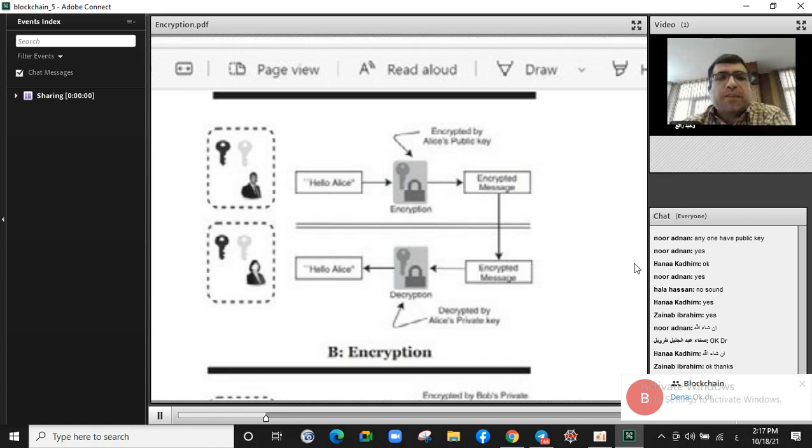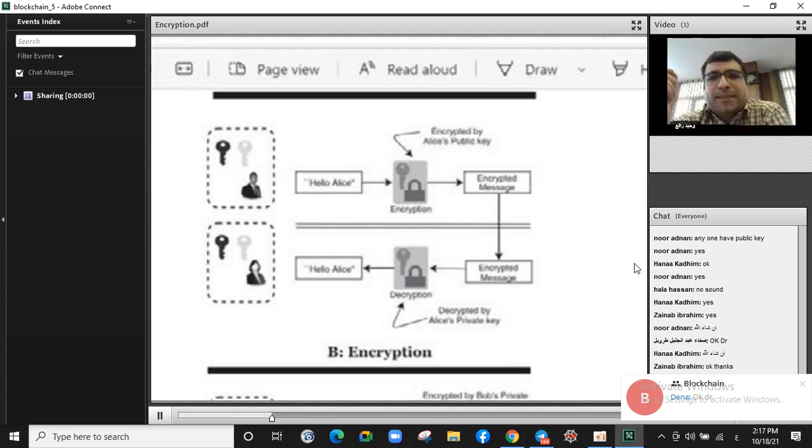Now, Bob wants to send the message, for example, hello Alice, and Bob wants to encrypt the message in a way that only Alice can decrypt the message. In this case, Bob encrypts the message with Alice's public key and sends it through the network.